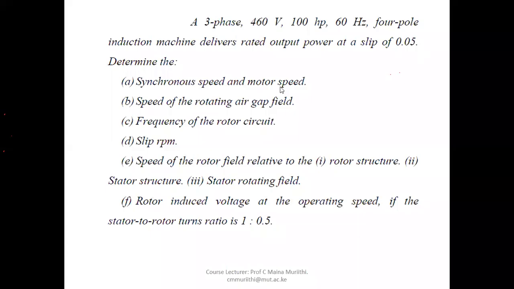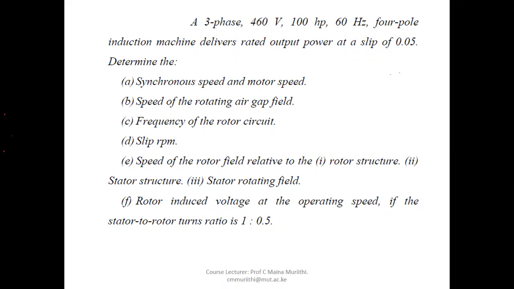So let's understand the question. We have a 3-phase 460 volts, 100 horsepower, 60 hertz, 4-pole induction machine delivering rated power at a slip of 0.5. So first of all, what will be the synchronous speed and what will be the motor speed? In this case, motor speed is also the rotor speed, the actual speed at which the rotor is rotating.